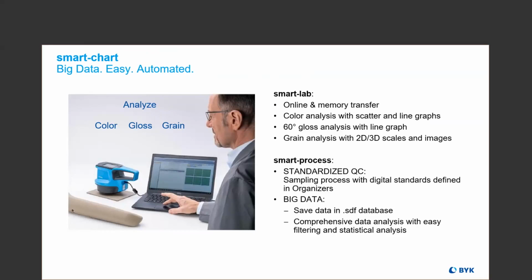And then we have Smart Process, which is excellent for standardized QC processes. And so we have the organizer function, which allows you to define not only the measurement procedure, but if you're measuring a large part and you need to measure different areas of this part, whether it's an automobile or an appliance or whatever, you can define check zones so that the operator knows exactly where to measure and in what order.